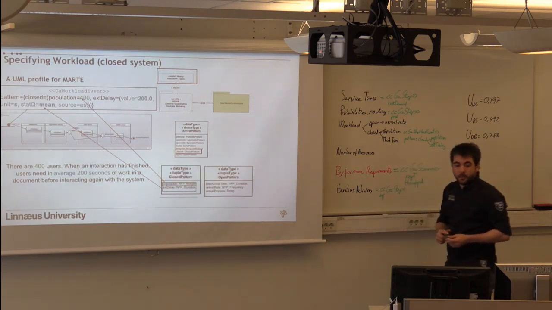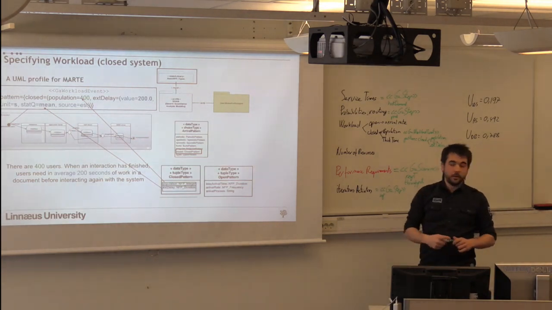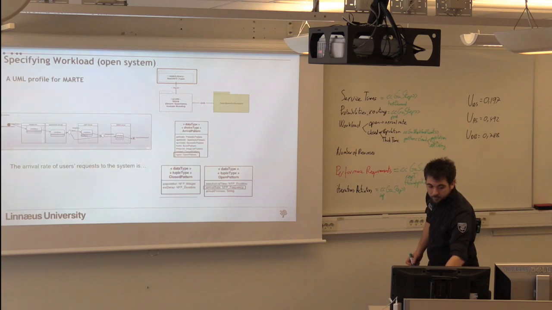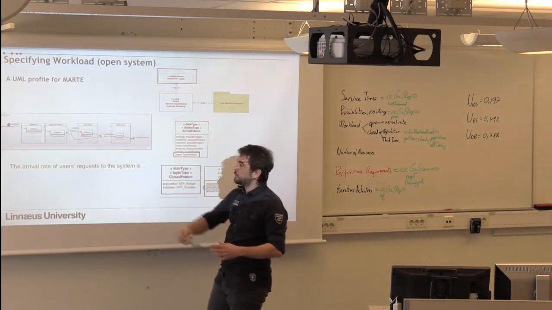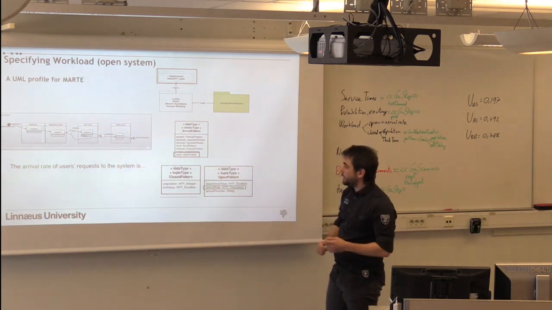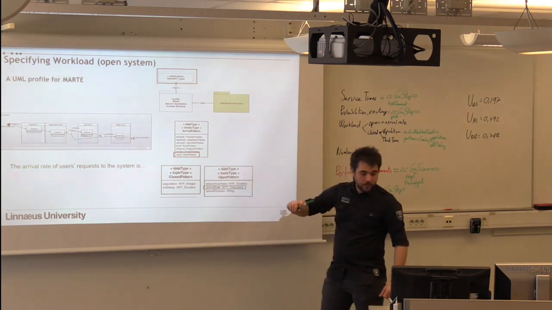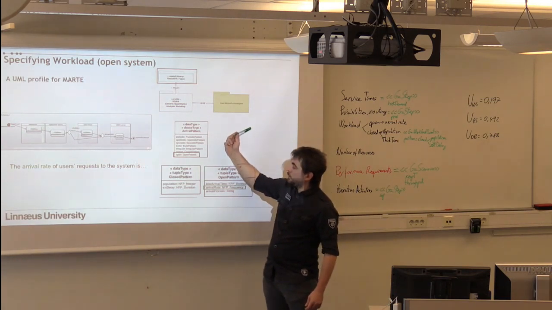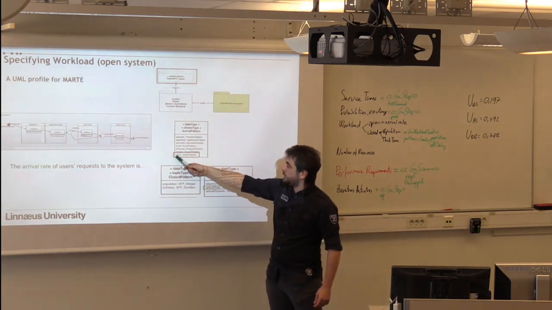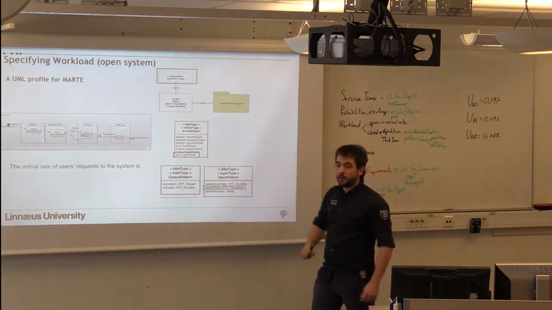If instead of closed workload, we had an open workload, so we have the frequency with which user arrive, like this. The arrival rate of user request to the system is 50 per minute or 3 per second. We will use the same GA workload event stereotype with the pattern, arrival pattern, in this case open. And the open has the attribute arrival rate, which is a frequency.